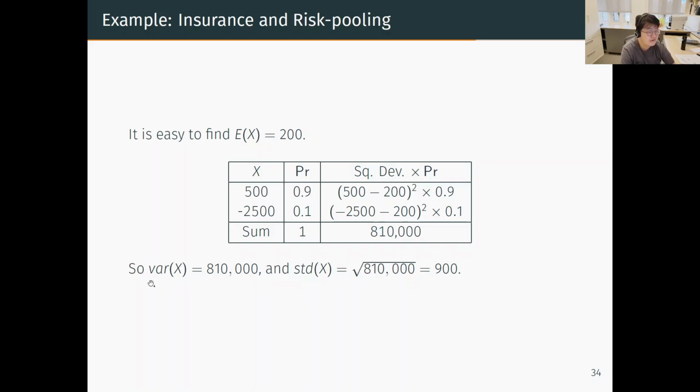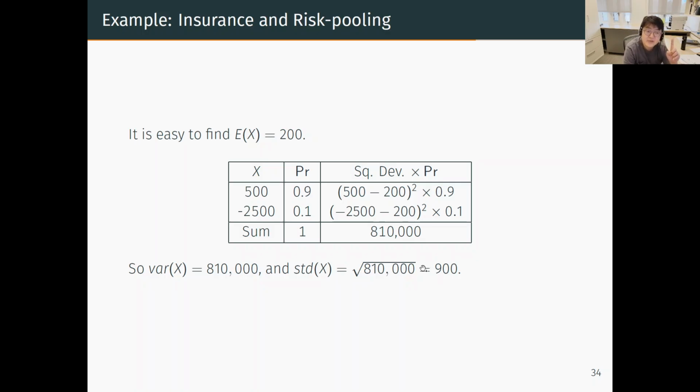Anyhow, the variance is a huge number, 810,000, right? I intentionally made a number like this because the square root of the variance, the standard deviation, is simply 900. So in the end, the mean is 200 and the standard deviation is 900.